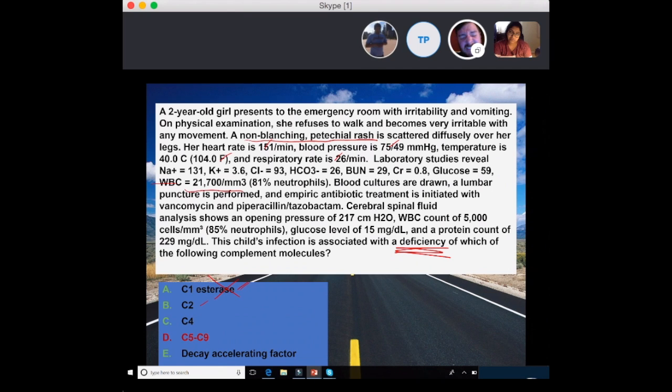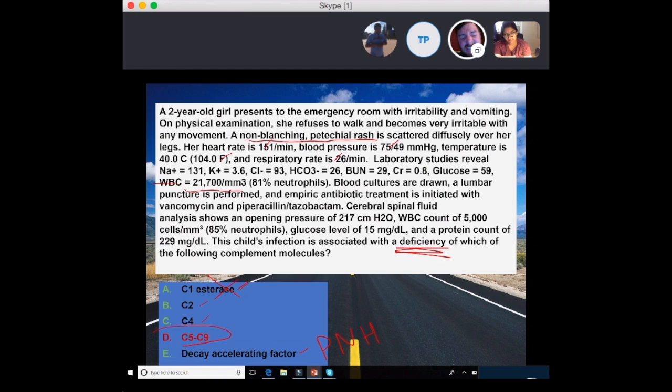C2 and C4 don't have any particular pathology associated with their deficiency, and a deficiency in decay accelerating factor would cause paroxysmal nocturnal hemoglobinuria.